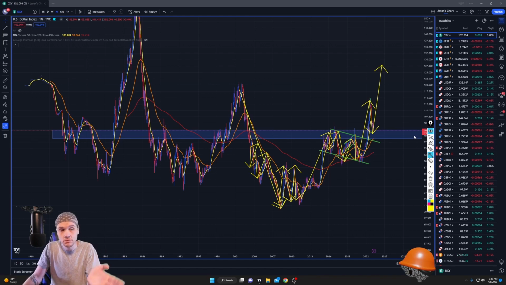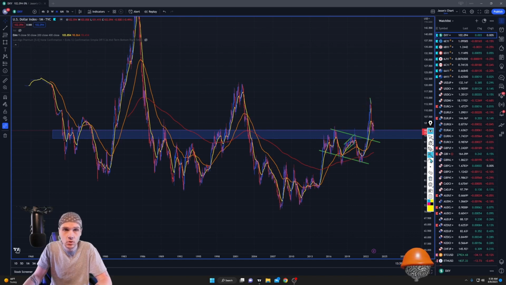So that would say that possibly we could be going higher, or are we just going to get a correction here? Either way we look at this, it looks like we will have some more dollar strength, in the short term anyway.